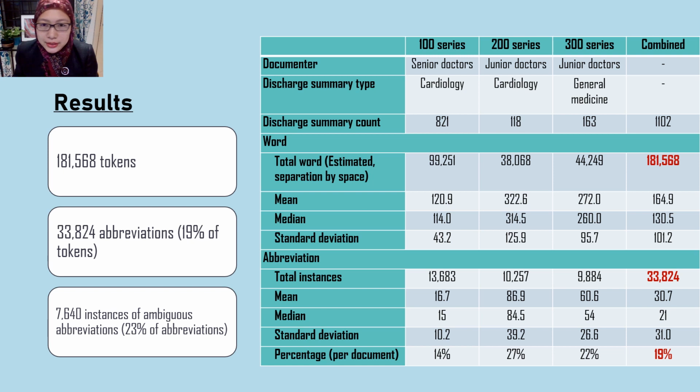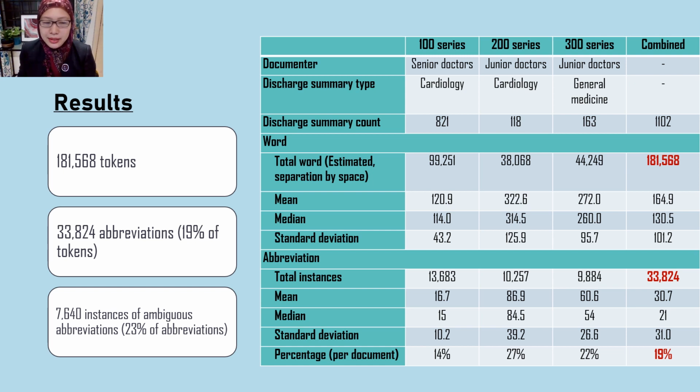Well, in total, we looked at 1,102 discharge summaries, which contain about 180,000 tokens or words. This could be more because sometimes a token can be a symbol as well.